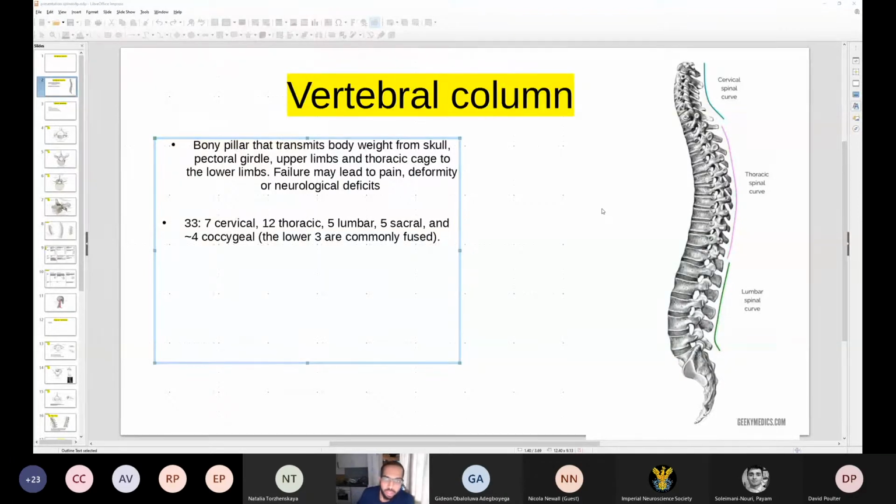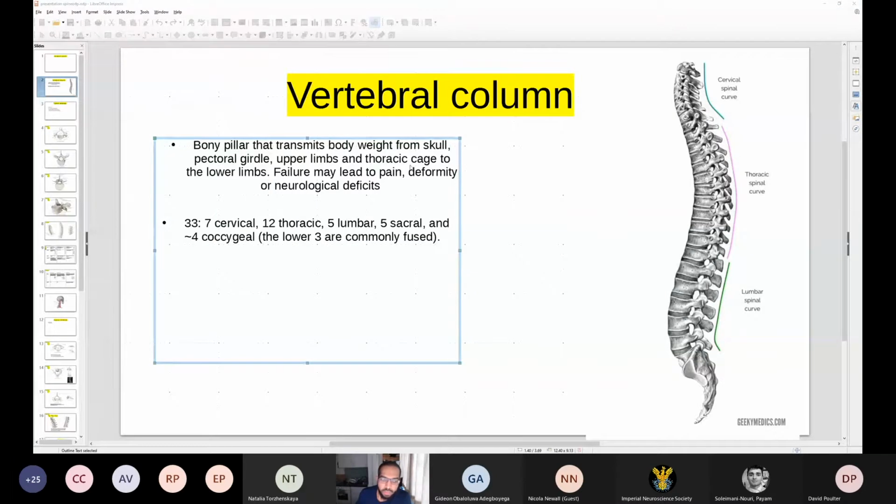So the typical vertebra has a body and an arch. This arch is formed by pedicles and laminae, and attached to this are several processes. So you have 1 spinous process, 2 transverse processes, 1 on each side, and 4 articular processes, 2 superior and 2 inferior.